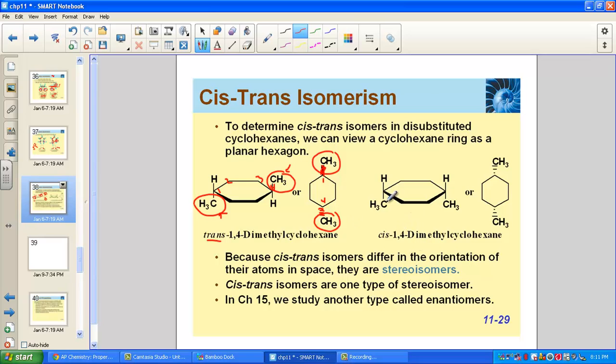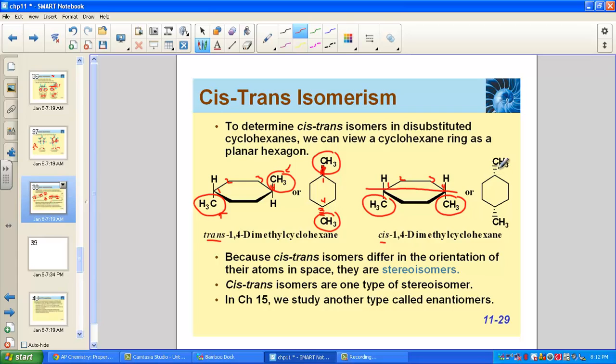Here we have a structure where the 2 methyl groups lie in the same plane underneath the cyclic structure, thus the term cis. At carbon 1 and 4, we have 2 methyl groups, but because both are lying underneath, we call it cis-1,4-dimethylcyclohexane.